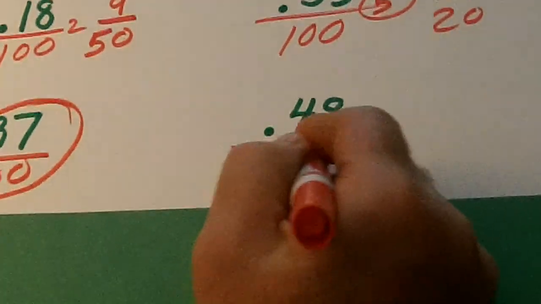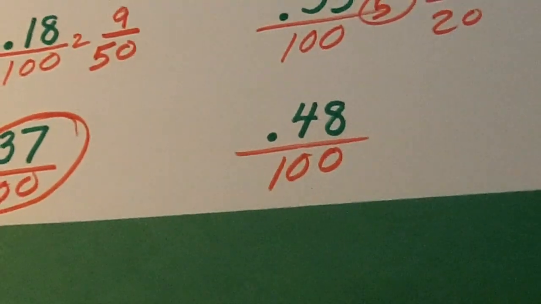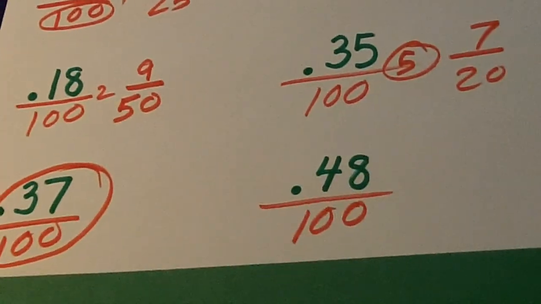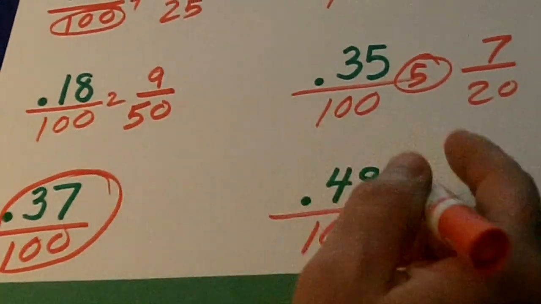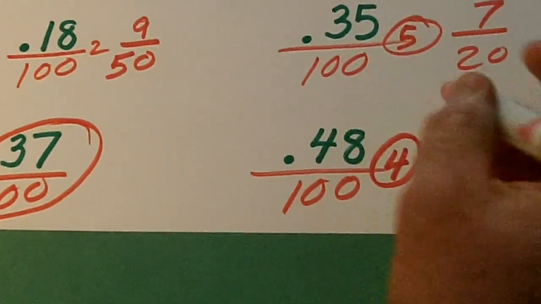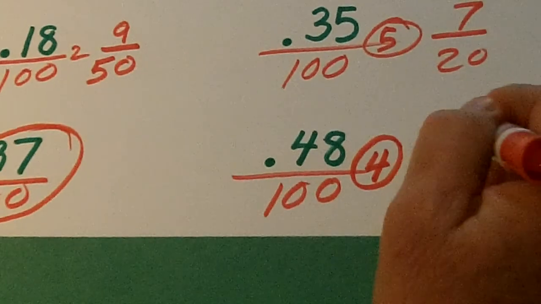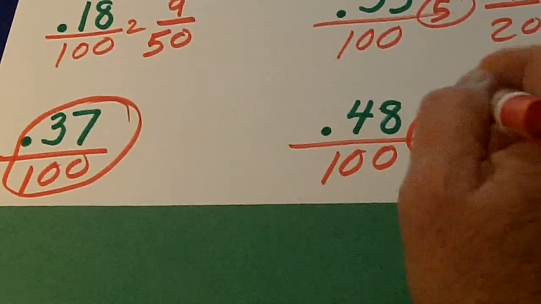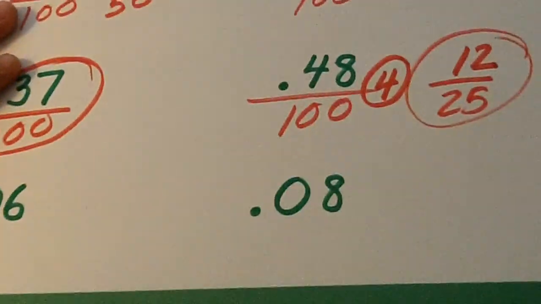Now, 48 over 100, okay? 12 can go into both of those, but 12 can't go into 100. 6 cannot go into 100. 4 can though. So 4 goes into here, 12, and 4 goes into here, 25. That's the most that you can reduce it.